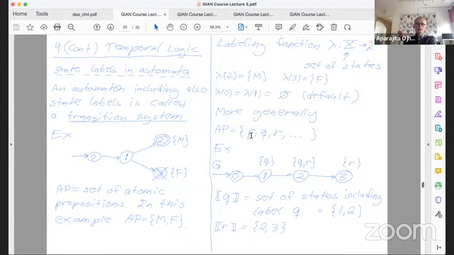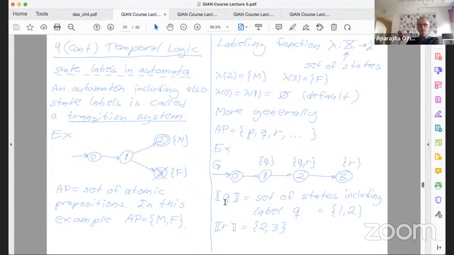Let's say that I just have symbolically P, Q, and R, where P could mean that you are in a very specific safety condition or something else, or that you are, say, on floor 5 in the building. In this case, we have the state label Q in state 1, Q and R in state 2, and the state label R in state 3.